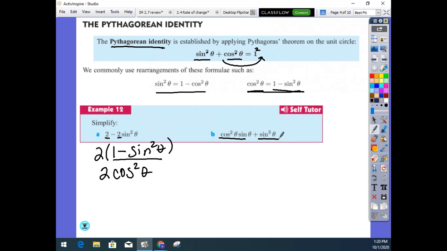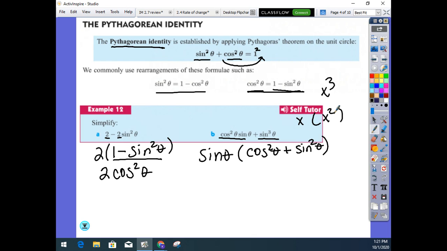What's the GCF in this one? They both have sine theta in common. If you factor out the sine, I'm left with cosine squared plus, I take 1 sine out of sine to the third, I'm left with sine squared. Just like your x, if you factor x out of an x to the third, you're left with x squared.